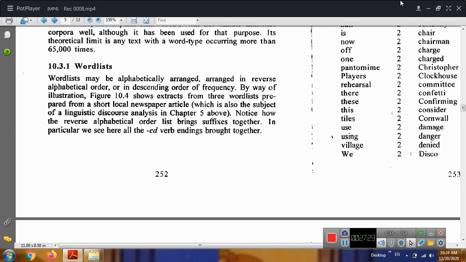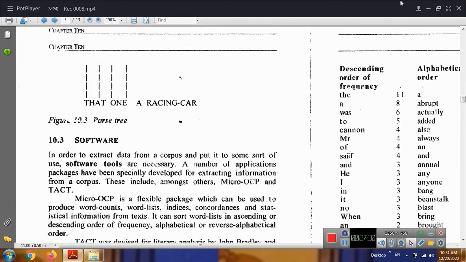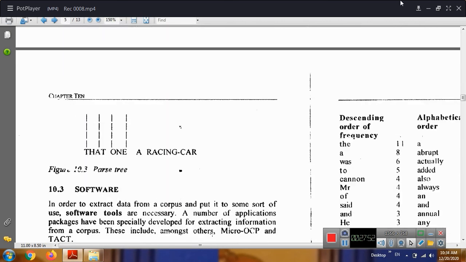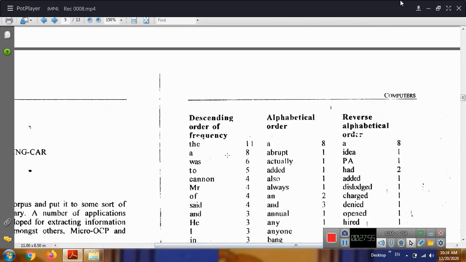By way of illustration, figure 10.4 shows extracts from three word lists prepared from a short local newspaper article, which is also the subject of a linguistic discourse analysis in chapter 5 above. Notice how the reverse alphabetical order list brings suffixes together. In particular, we see here all the -ed verb endings brought together. Here you can see its example.